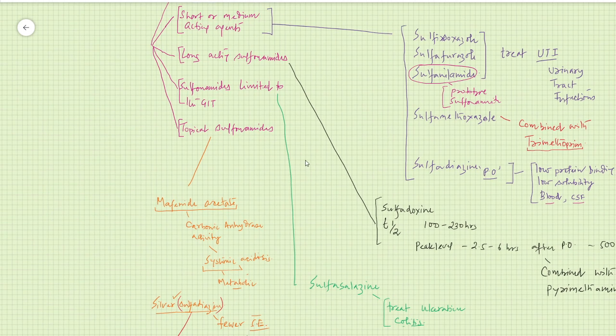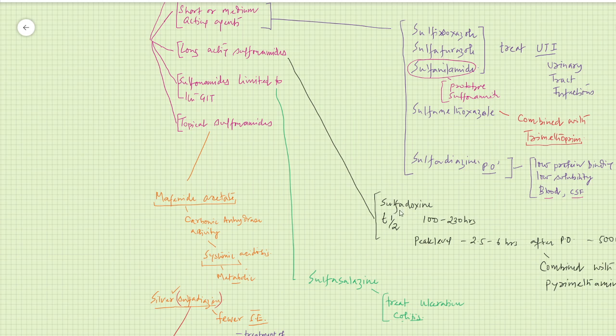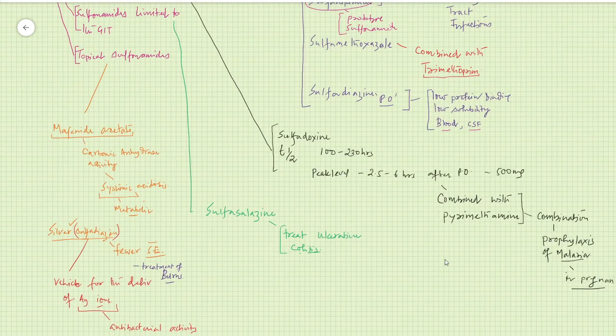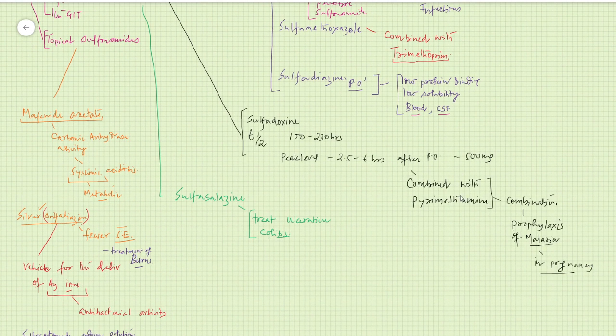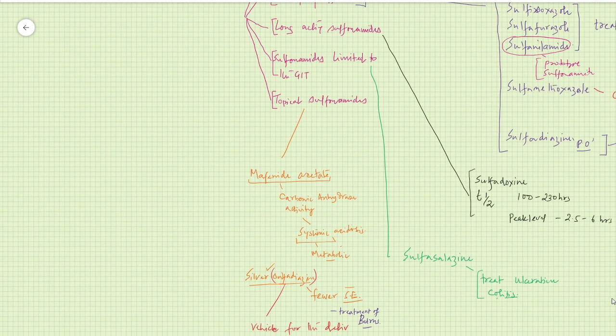Then we have long-acting sulfonamides, and the representative example is sulfadoxine, which is administered in combination with pyrimethamine and used for the prophylaxis of malaria.